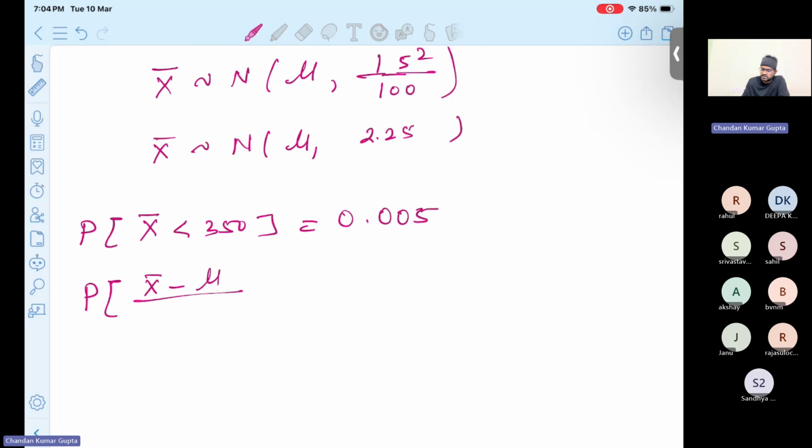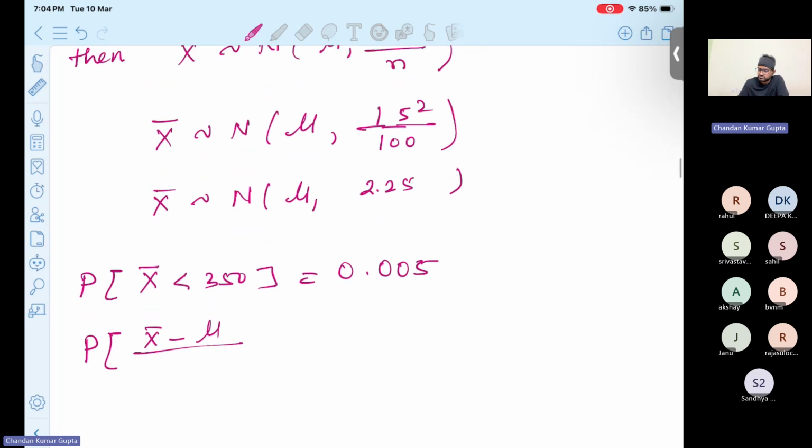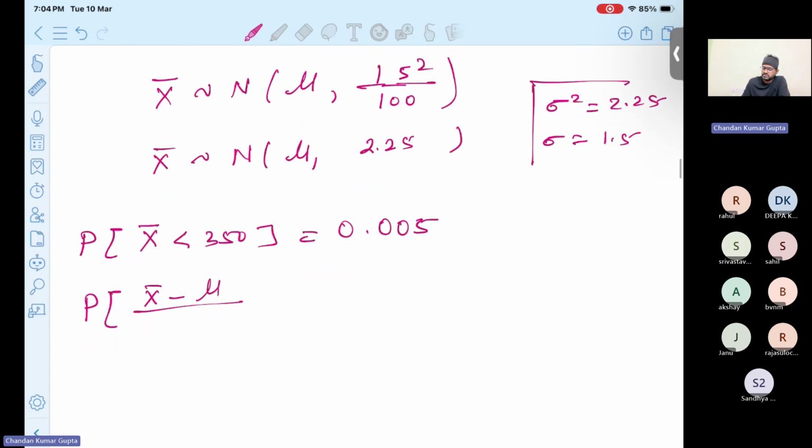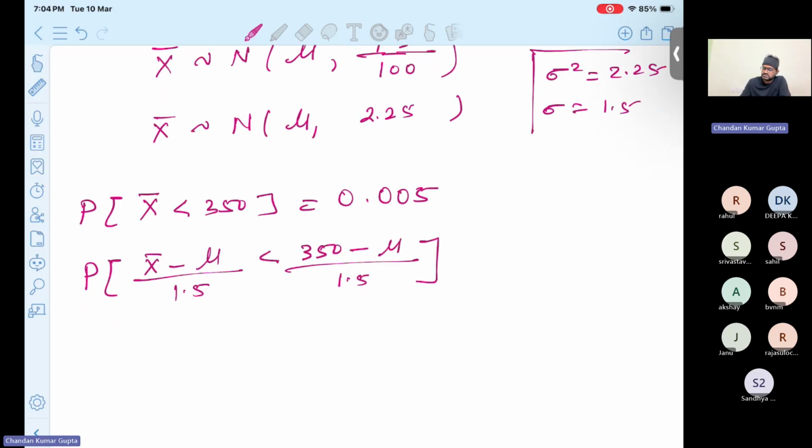So that means this is the variance actually. The sigma square is 2.25. So sigma is 1.5. So upon 1.5, x bar minus mu upon 1.5 is less than 350 minus mu upon 1.5. And this must be equal to 0.005 because these are given conditions.